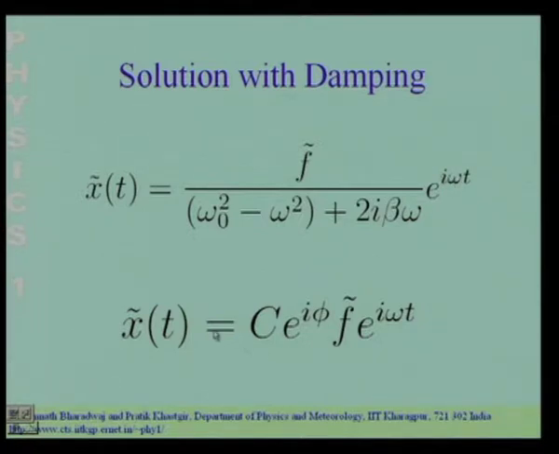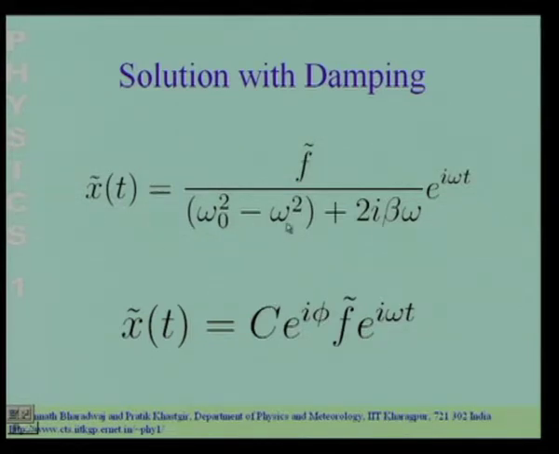This complex number can also be written in the form of an amplitude c and a phase phi. So, the same relation can also be written like this: the displacement is related to the force through an amplitude c, which is the mod of 1 by this number here, and you have a phase which is the relative phase between the displacement and the external force.